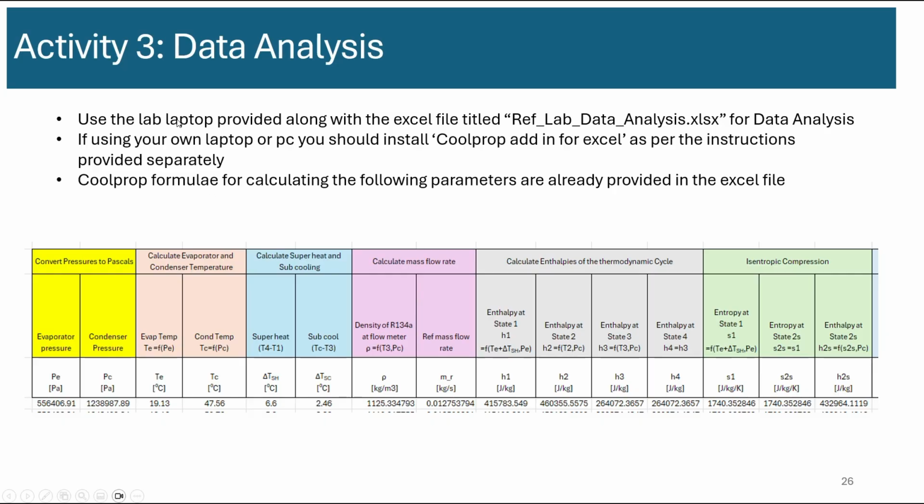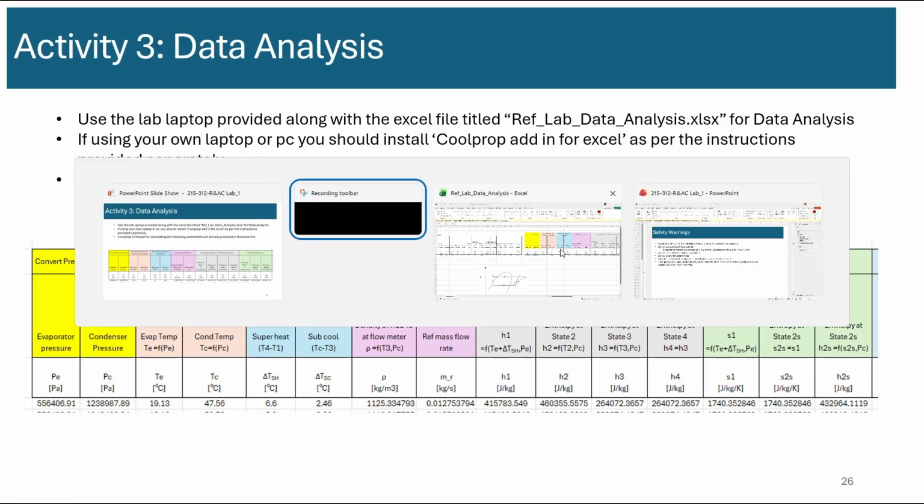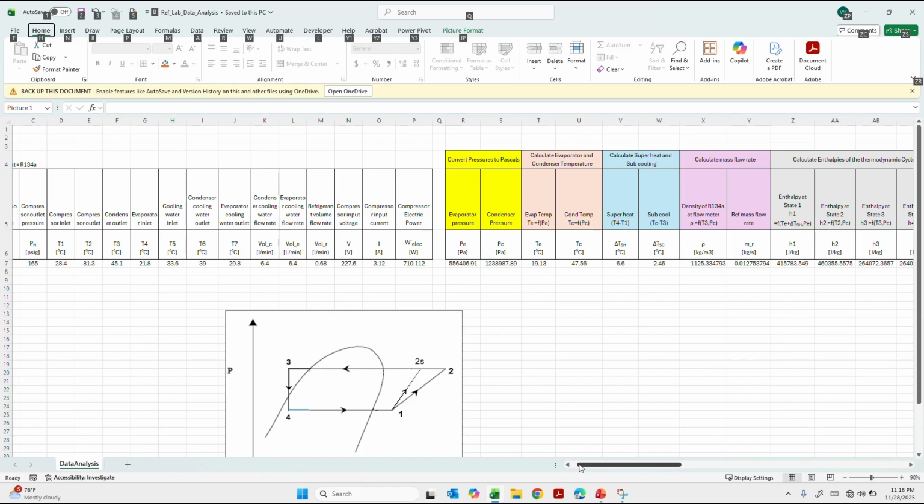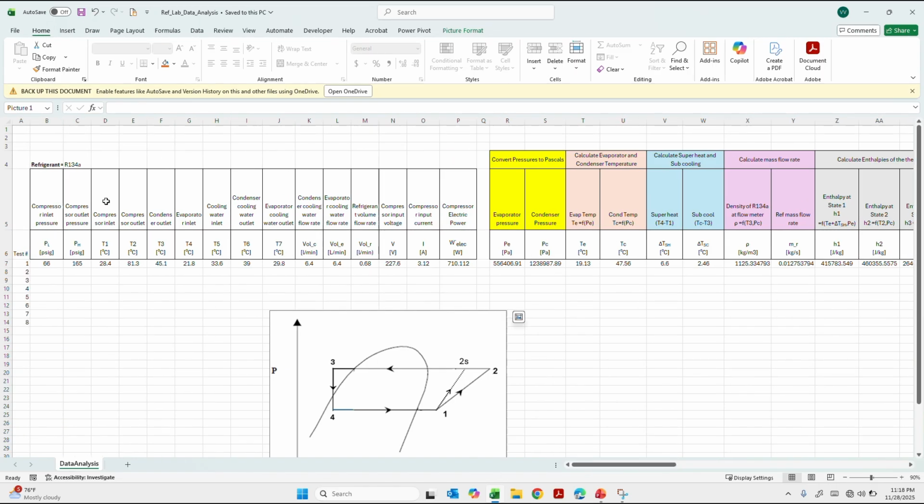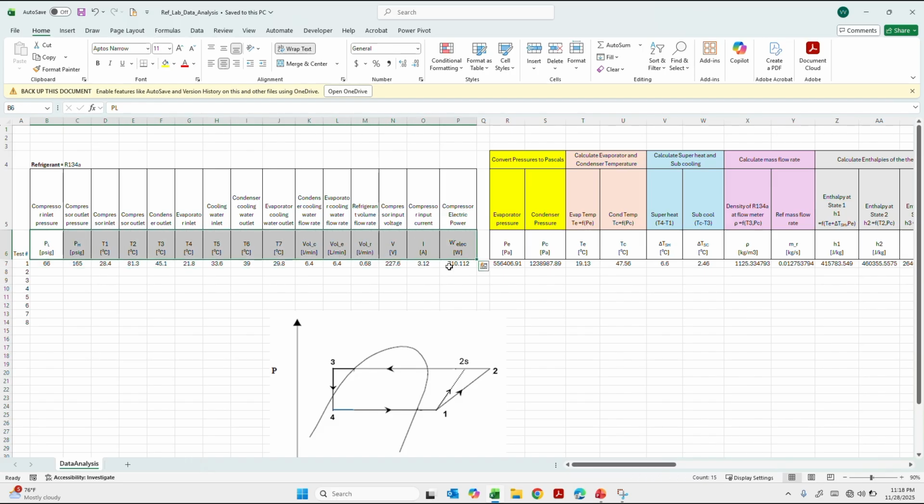The lab laptop already has this installed, right? CoolProp formulas for calculating the following parameters are already provided in the Excel. So if you look at the Excel file, this is the experimental data from your data sheet, the first few columns.